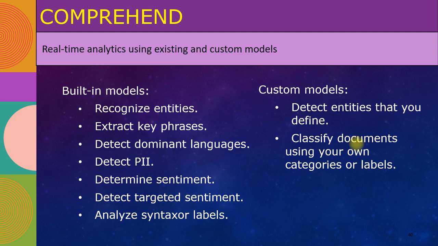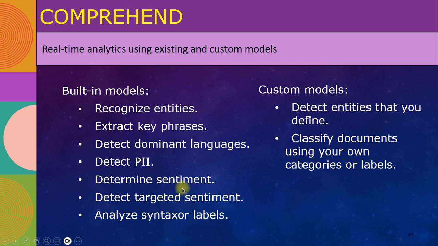We'll take a look at that. It could detect dominant languages. It could say, this text is English or this text is Spanish, and so on. And it detects personal information, so it could look at phone numbers, email addresses. It could redact some of that stuff. It could point out which ones are PII information, and it could determine sentiment.